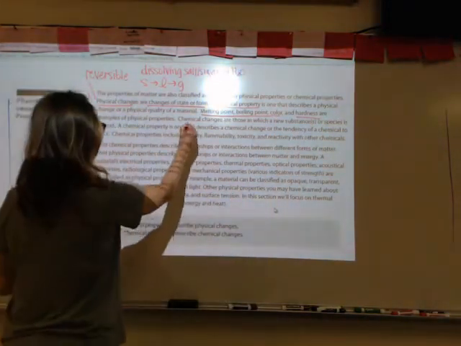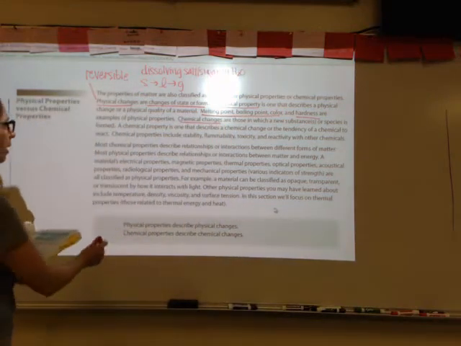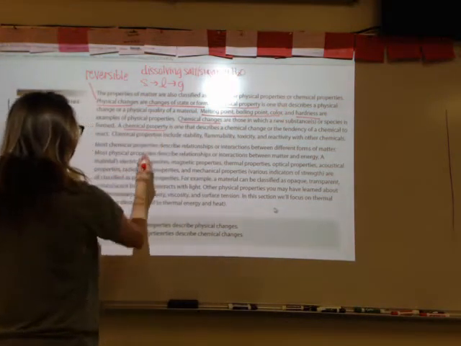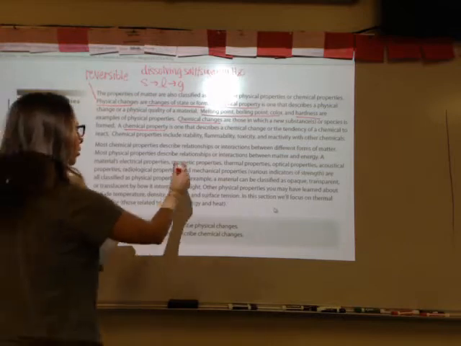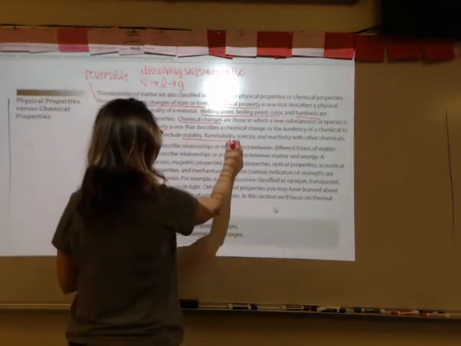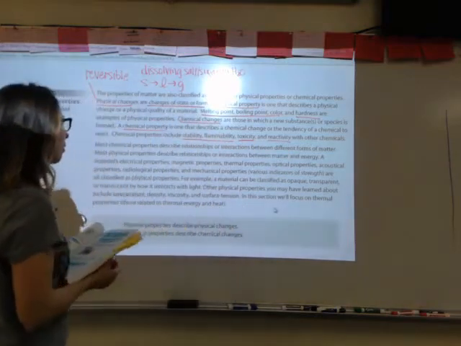Chemical changes are when we make something new. And a chemical property is something that describes the chemical change or the tendency of something to react. So chemical properties are going to be things like how stable is it? Is it flammable? Is it toxic? Does it react with other chemicals?